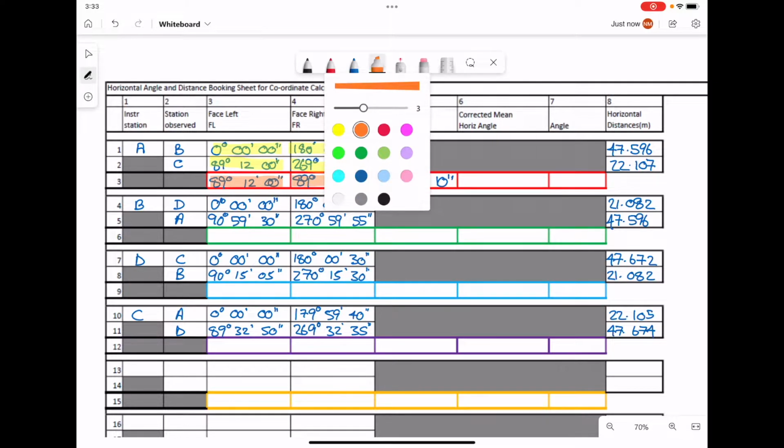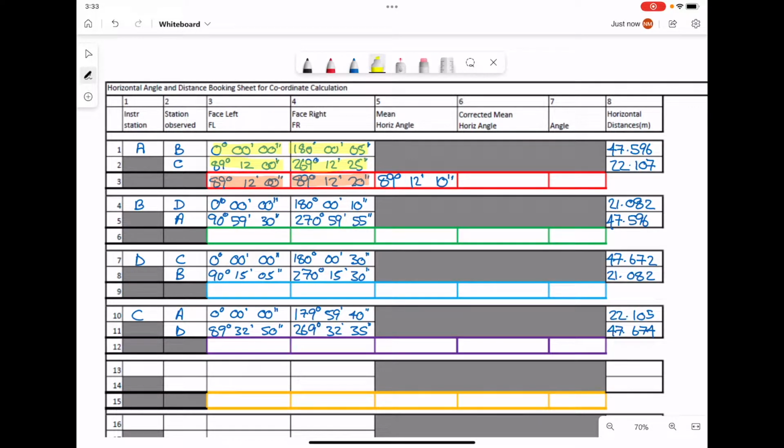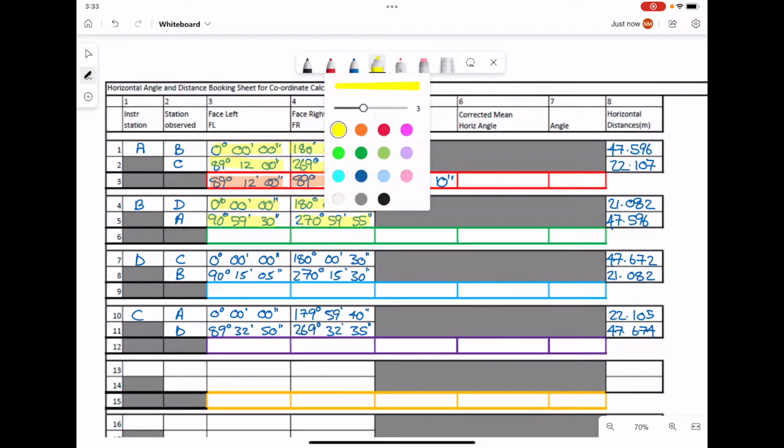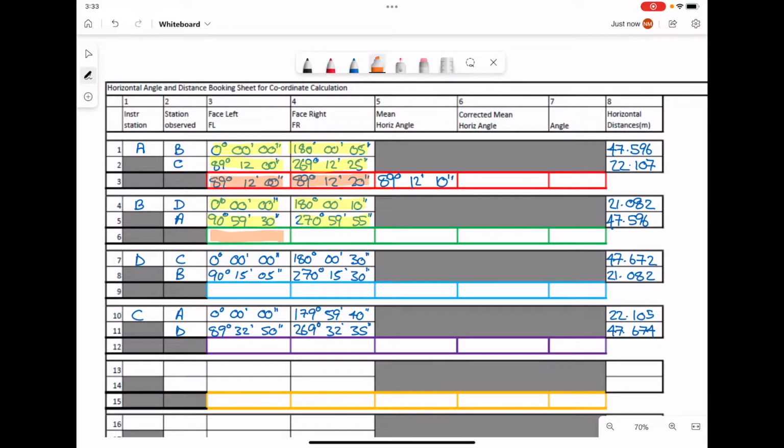Repeat the process for the set of angles at station B. Work out the difference between the two face left. Work out the difference between the two face right. Then take the average of the two angles and place it under the mean horizontal angle.